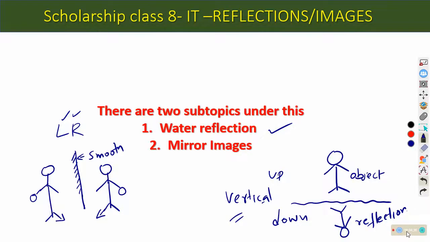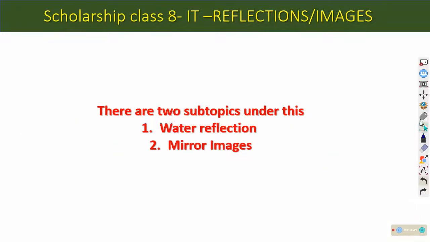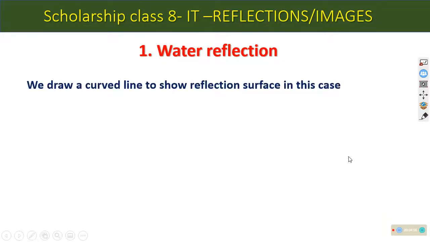Let me take you to the concept more clearly. Let me erase this. If I would like to put this into a statement, I have to put it in such a way that in the case of water reflection, we will have a curved line to show the reflection.